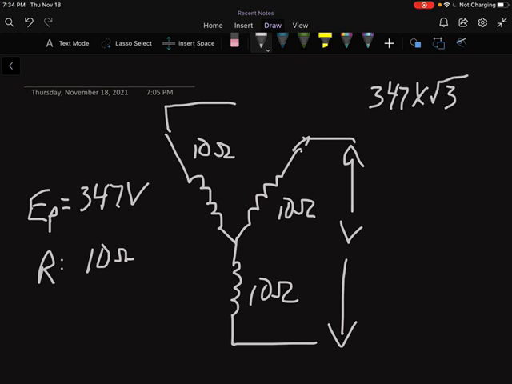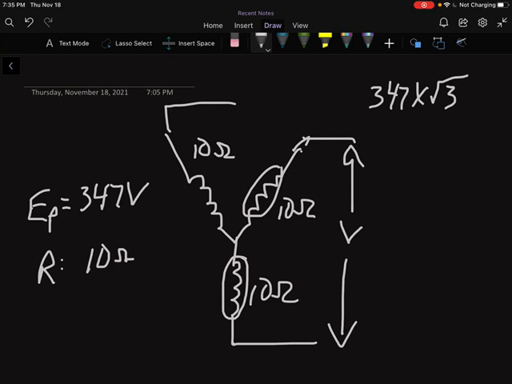As we talked about, these two phases here are 120 degrees apart from each other, so they cannot be just added together. You can't take 347 plus 347, which would give you 694, but you would have to add them vectorially based on them being 120 degrees apart.